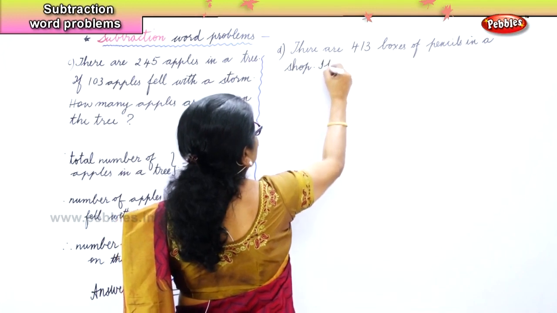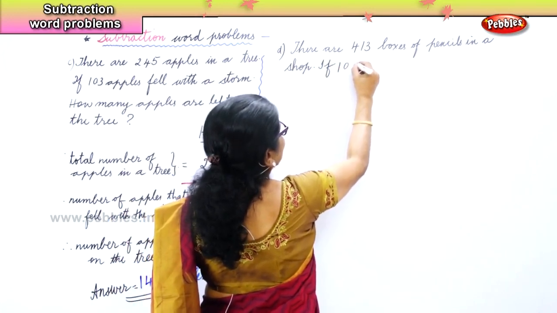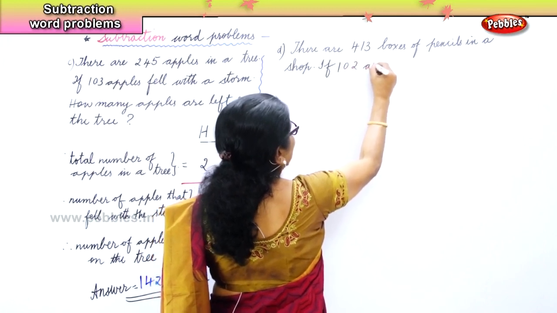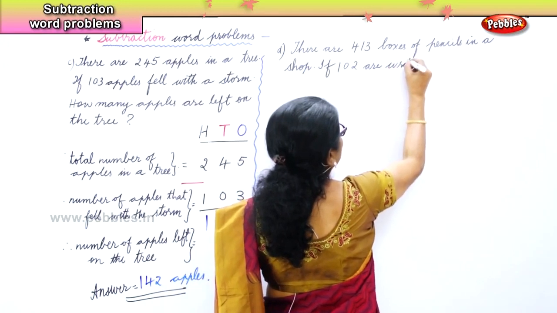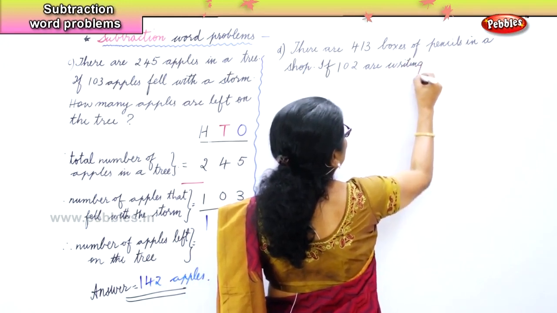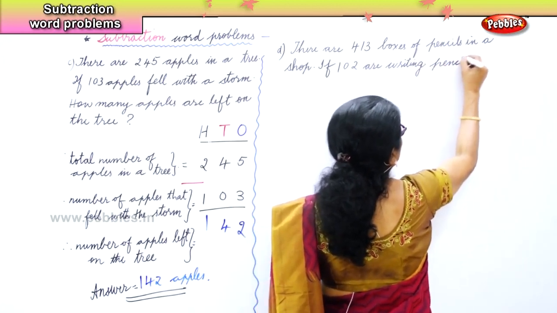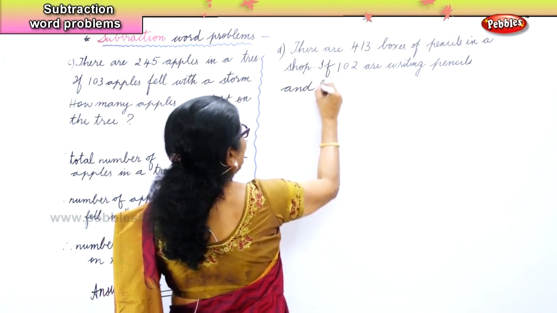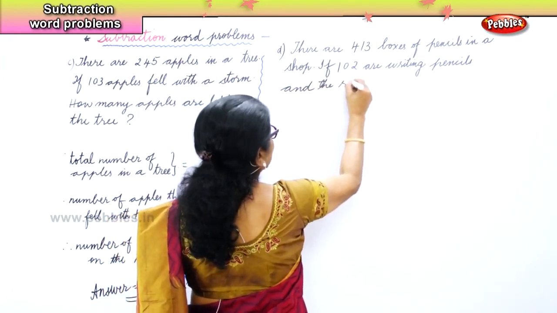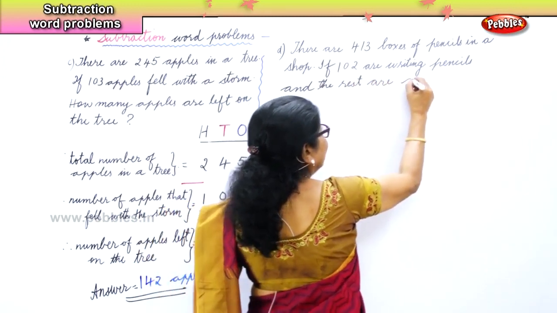If 102 are writing pencils, and the rest are color pencils.